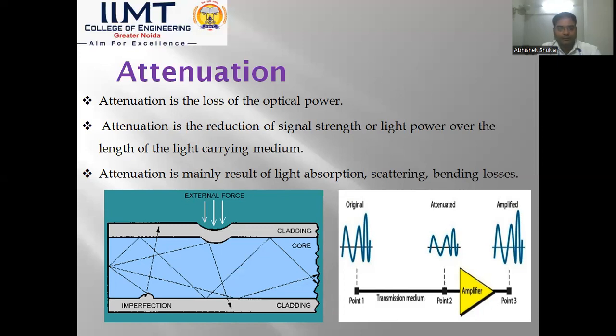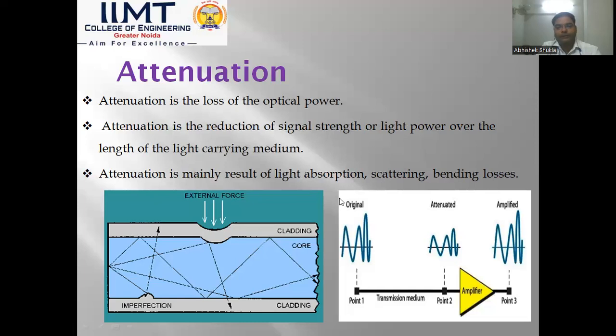Nothing is perfect, so there is always attenuation. Attenuation is just a synonym of loss. So attenuation is the loss of optical fiber. It is the reduction of signal strength or light power over the length of the light carrying medium. It is divided into three sub losses, mainly due to light absorbing, scattering, and bending loss.